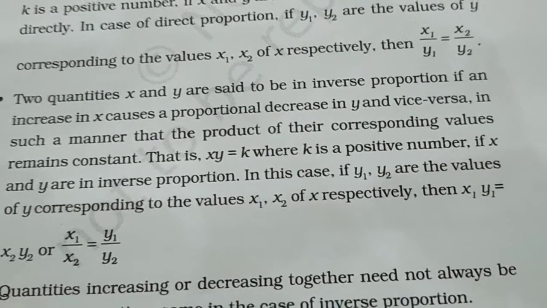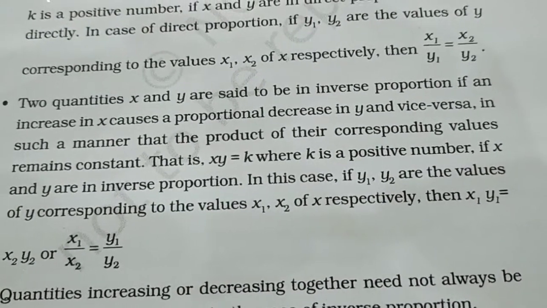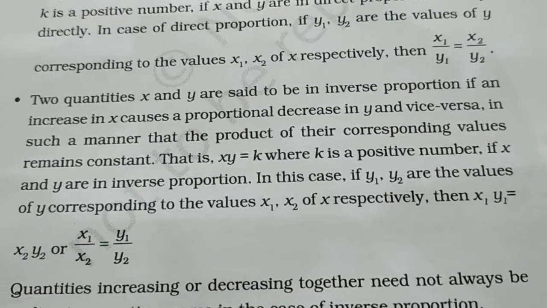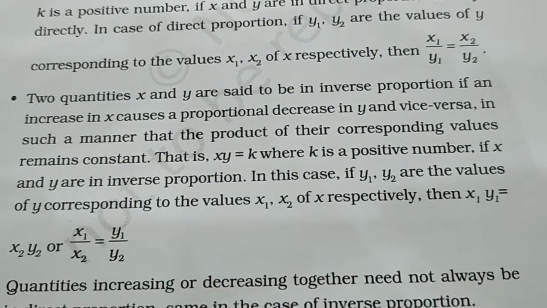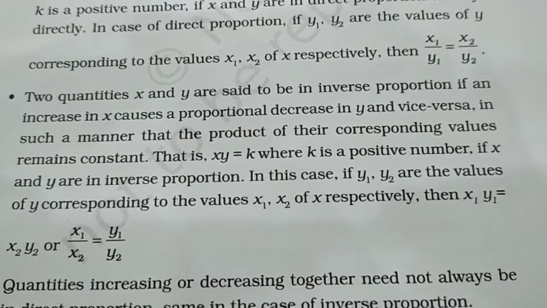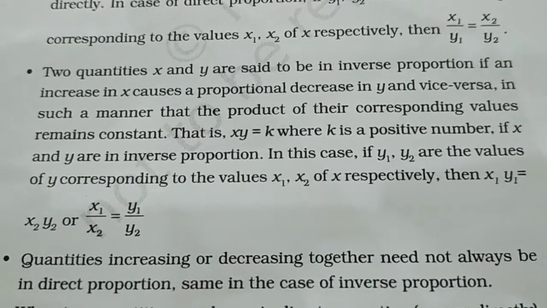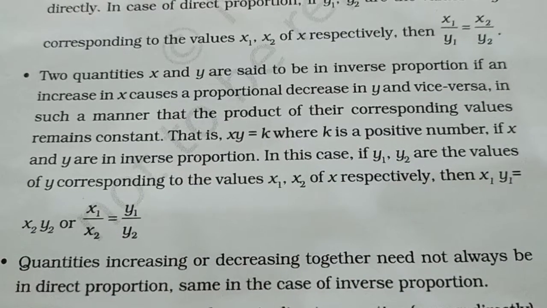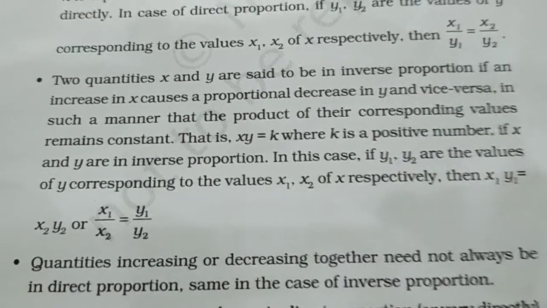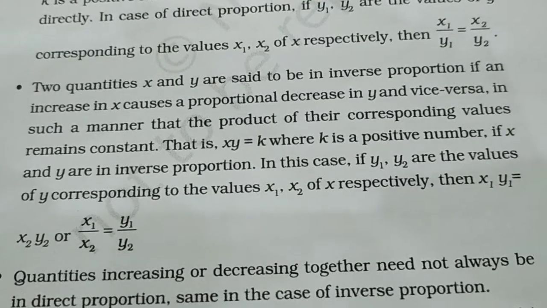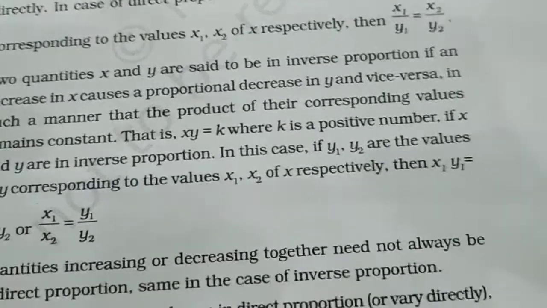In this case, if y sub 1 and y sub 2 are the values of y corresponding to the values x sub 1 and x sub 2 of x respectively, then x sub 1 times y sub 1 is equal to x sub 2 times y sub 2, or x sub 1 over x sub 2 is equal to y sub 2 over y sub 1.